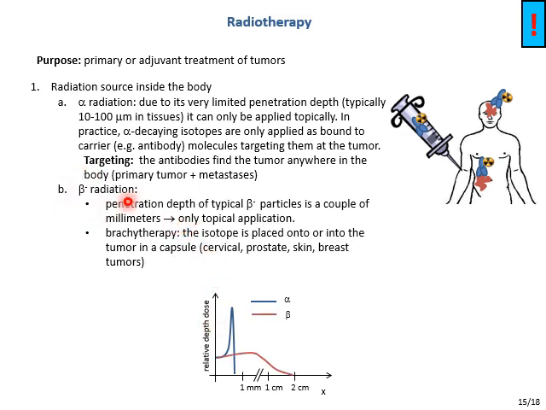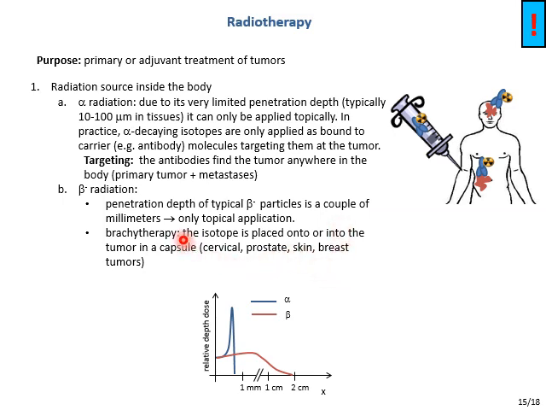Another kind of isotope typically used for radiation therapy when the radiation source is inside the body is negative beta radiation. But the penetration depth of negative beta particles is a couple of millimeters, and therefore topical application is required. So the isotope must also be present relatively close to the tumor.